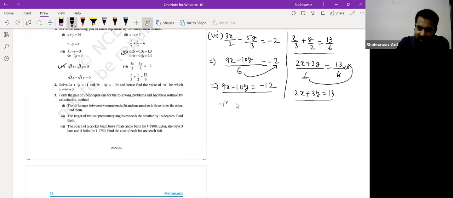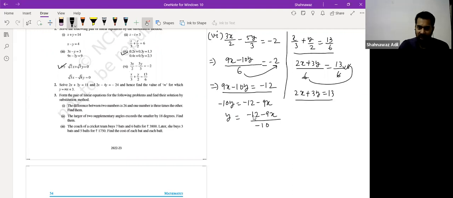Minus 10y is equal to minus 12 minus 9x. Right. Minus 10 goes here. So y is minus 12 minus 9x by minus 10, right?